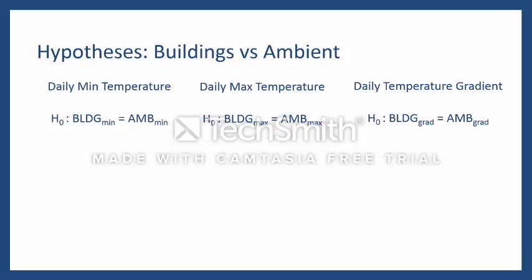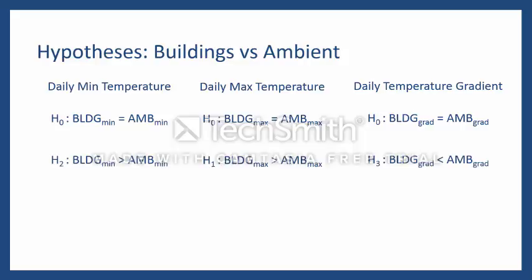So the first set of tests that I did, I was comparing all buildings versus ambient temperatures, and the ambient temperatures were matched with those weather stations. I had 3 basic hypotheses about minimum, maximum, and the temperature gradient. Our null is that there's no difference in any of those between buildings and ambient.